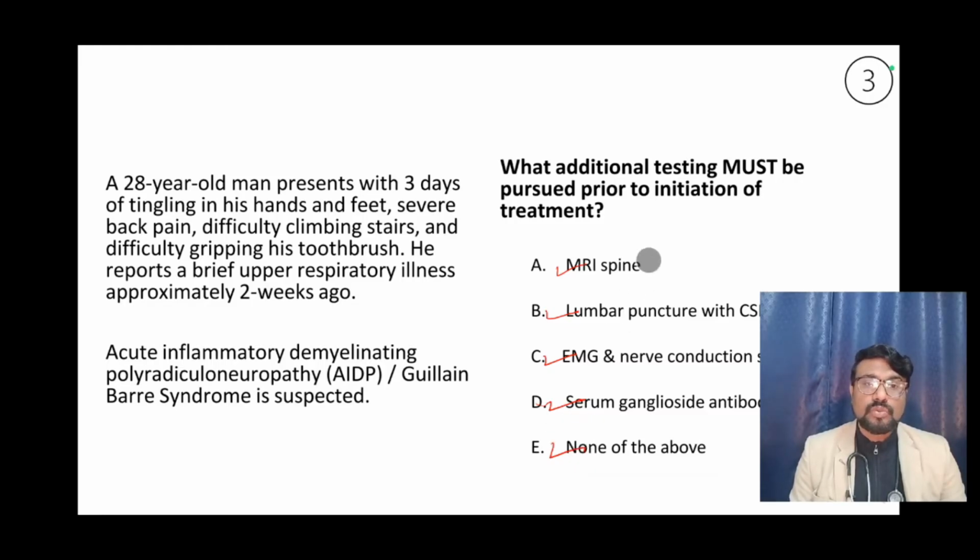So, what will be your next step before you start a treatment for this patient? You will do nothing before starting a treatment because GBS or AIDP is a clinical diagnosis.